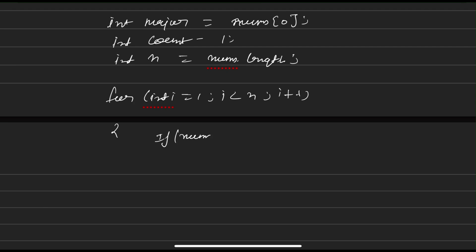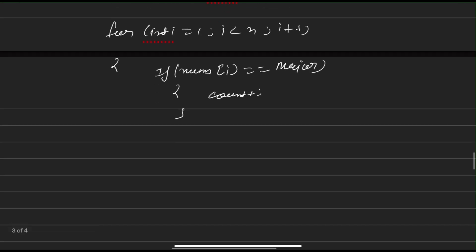If my nums of i is equal to measure, it means I'm checking if my current number is equal to the majority number or not. If it is equal, I just increment the value of count.